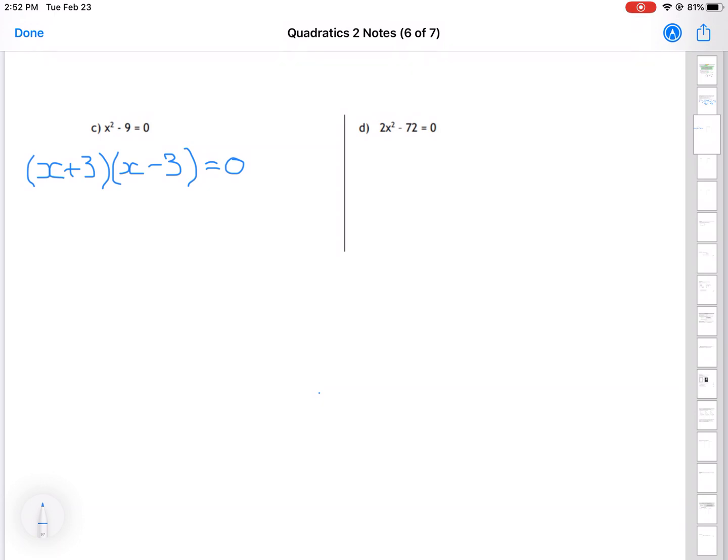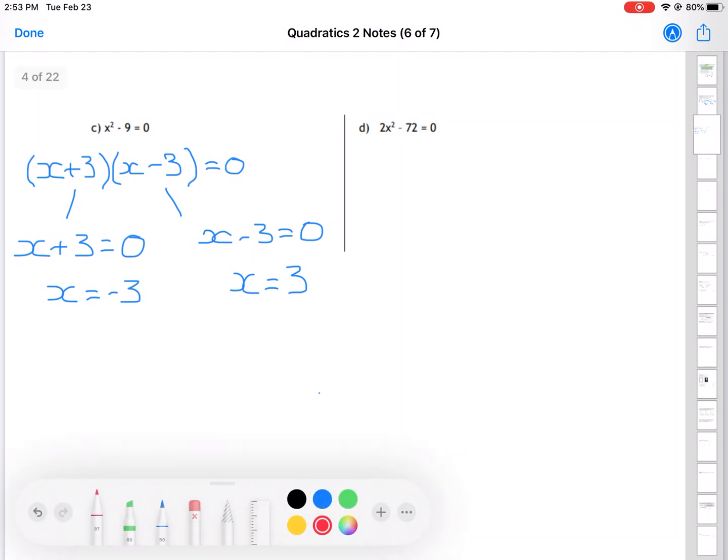The x's coming from the square root of x squared, and the 3's coming from the square root of 9. Splitting those two up, either x plus 3 equals 0, which means x is negative 3, or x minus 3 equals 0, so x is positive 3. That's our two possible values of x.